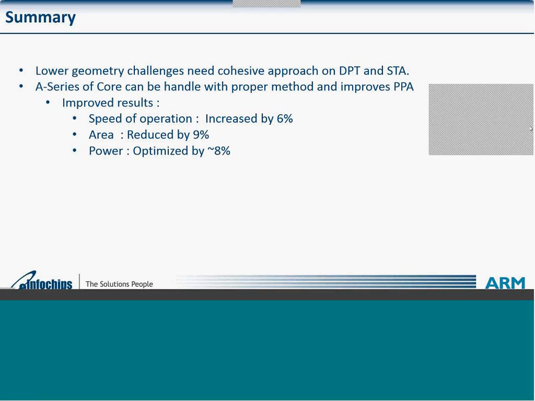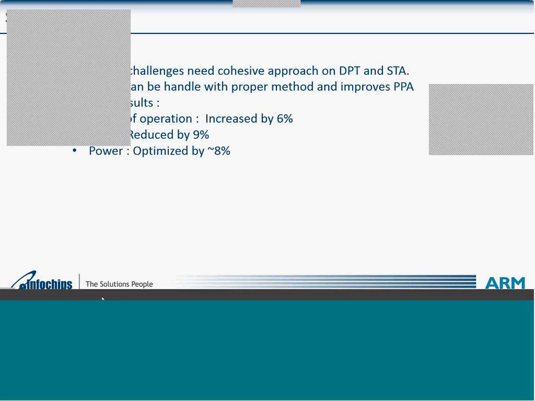We have to work closely with the STA in mind, because just to fix the DRC, the tool may route really long and add a lot of buffers. That may impact our STAs, so we look at it very closely. Especially if you want to optimize a core like A5 or A57 or any other ARM Cortex, we need to be careful and work very closely.